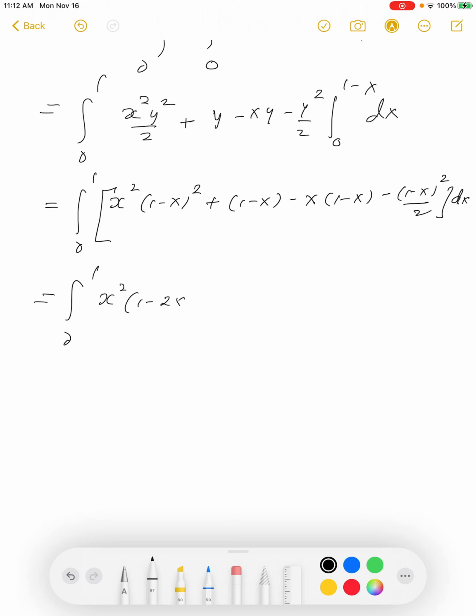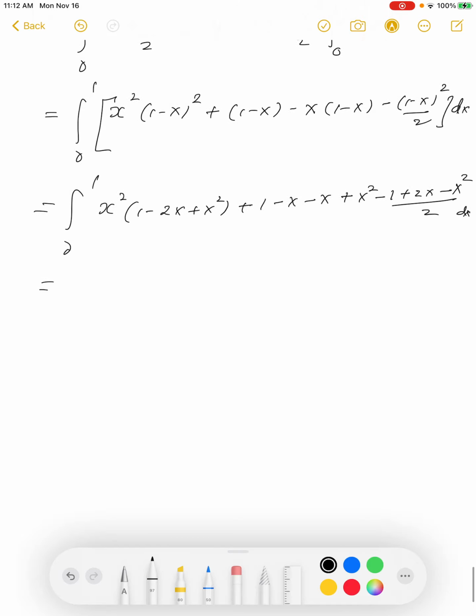So this is going to be x square into bracket 1 minus 2x plus x square plus 1 minus x plus x square minus 1 minus becomes plus 2x plus minus x square by 2 dx. And that's going to be, still need to compute.